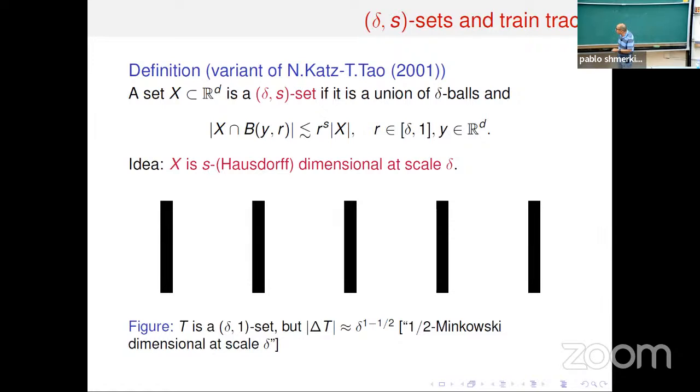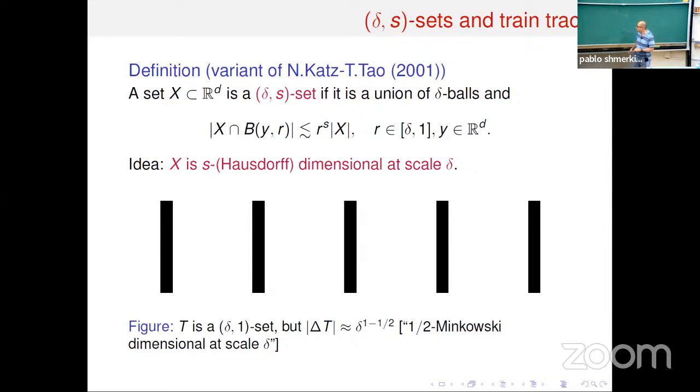And this set here is a very beautiful delta 1-set. So it behaves like a one-dimensional set at scale delta. These rectangles have size delta times square root of delta, and the spacing between the rectangles is square root of delta. And it is a delta 1-set, very easy to see. But the set of distances looks half-dimensional rather than one-dimensional.